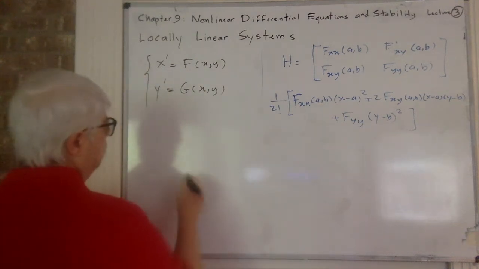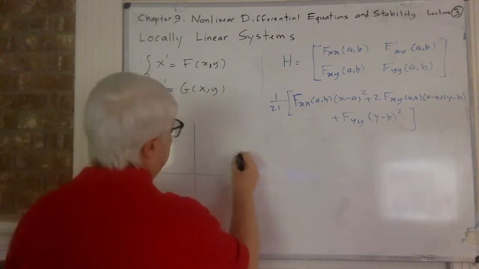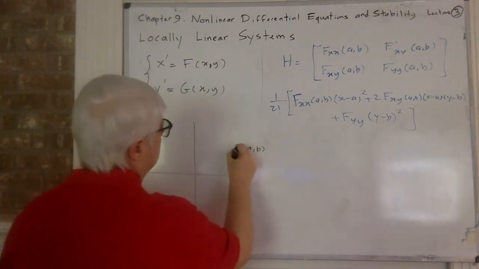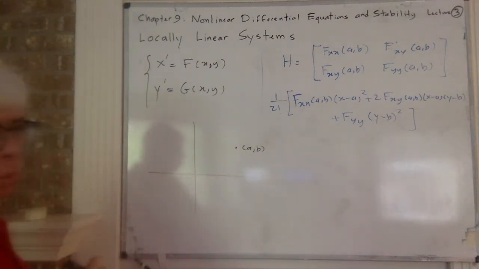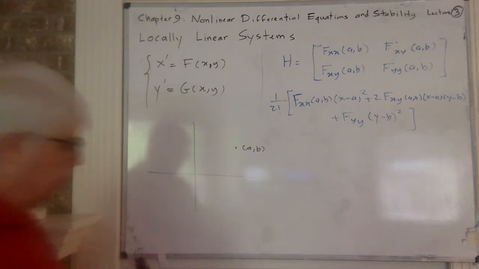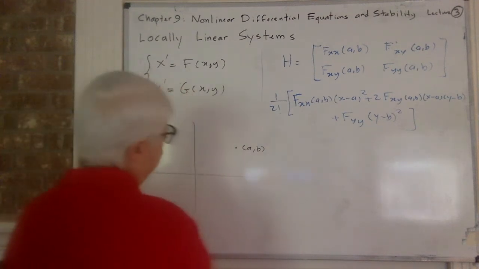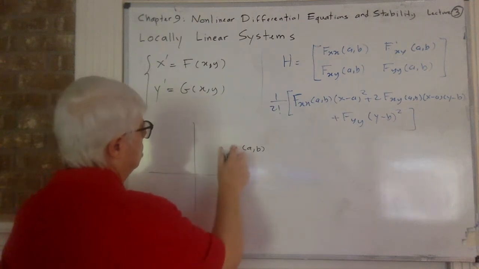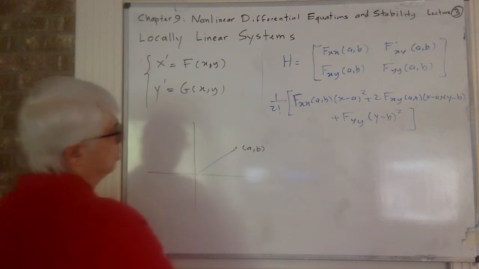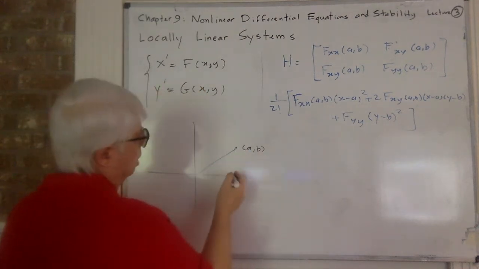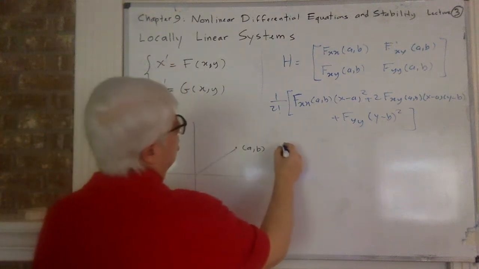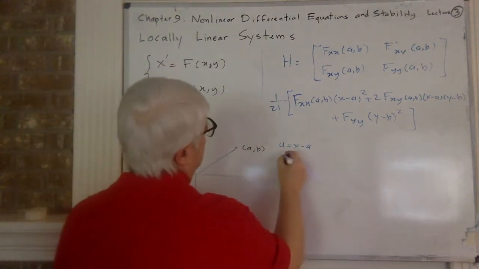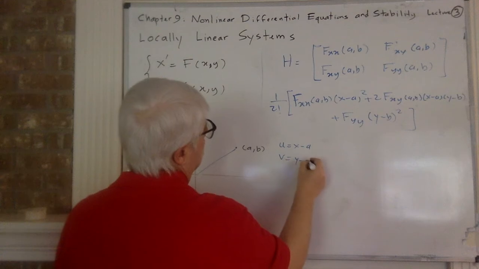So first of all, if I have a critical point here, say at point AB, I can move this point to 0, 0. How can I do that? It's just writing u as x minus a, and v as y minus b.